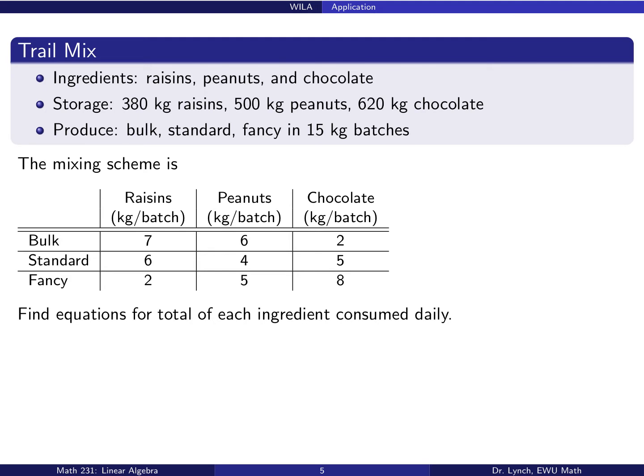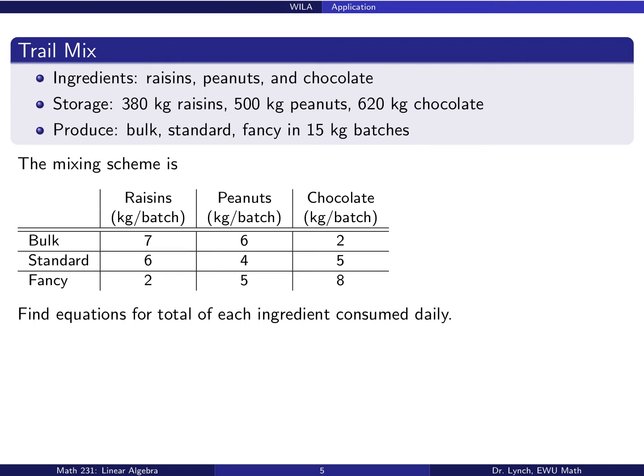And we're going to assume that we construct different types of trail mix based on the ingredients. So you might not be surprised to see here that the fancy mix has more chocolate and less raisins, whereas the bulk mix has more raisins and peanuts and less chocolate.